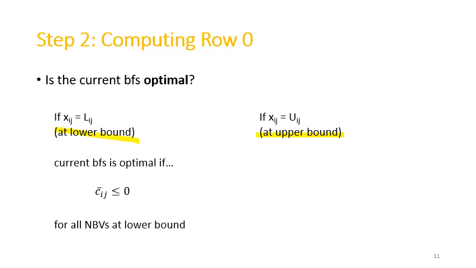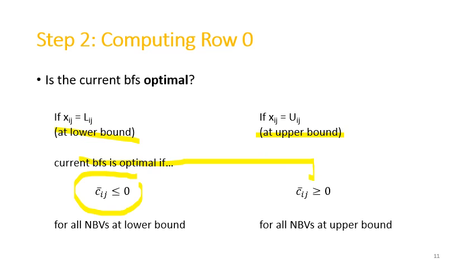If a non-basic variable is currently at the lower bound, the current BFS is optimal if the C hat for those variables is less than or equal to 0. For the variables at upper bound, the current BFS is optimal if the Cij hat for these variables is greater than or equal to 0.